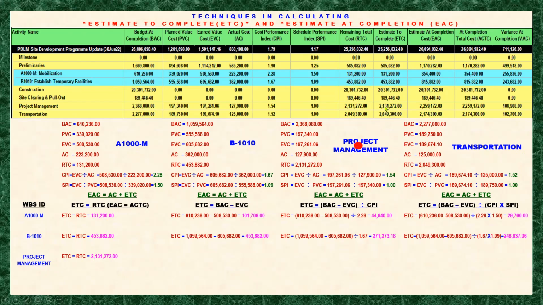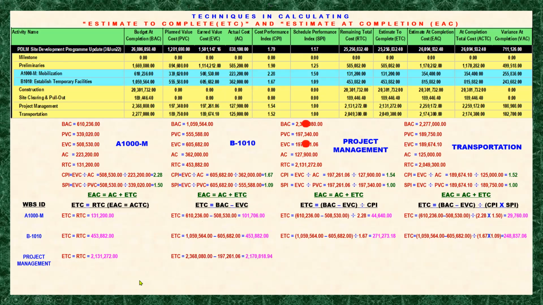So the remaining total cost is equal to the ETC because we assigned technique number 1 across our project. That is why they are equal. But if you assign a different technique, it will not be equal.